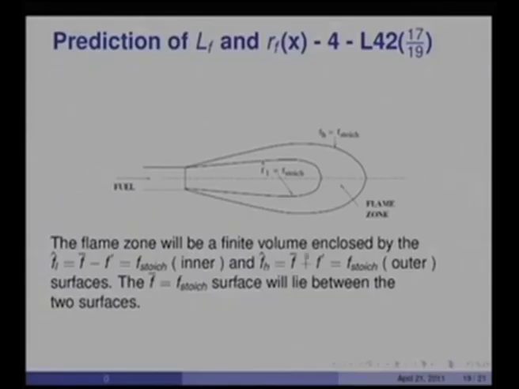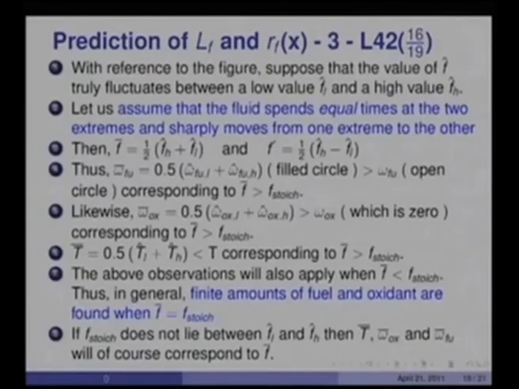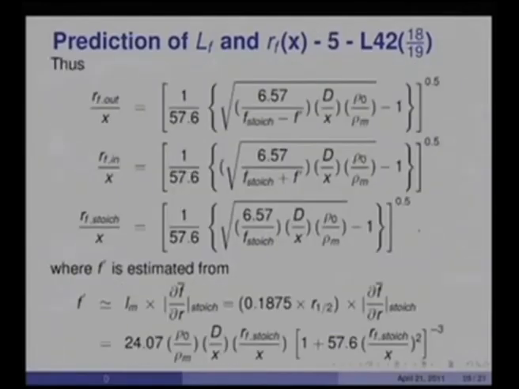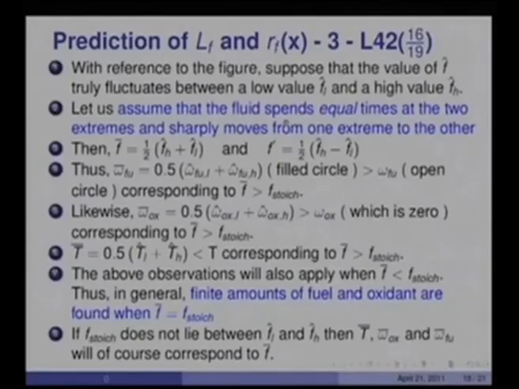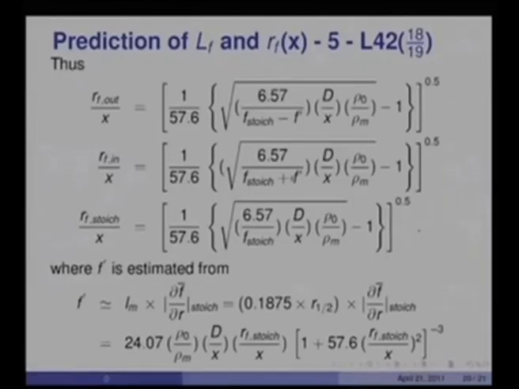So, how do we estimate f dash? That is the issue. From our laminar flow results themselves, we can say that R f out minus R x will be f stoic minus f dash, because that is the value for the outside: f stoic will be equal to f bar plus f dash, and therefore, f bar will be equal to f stoic minus f dash.